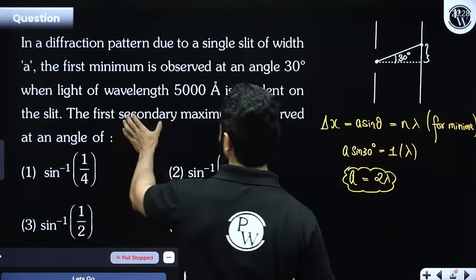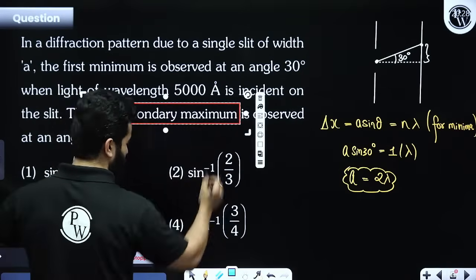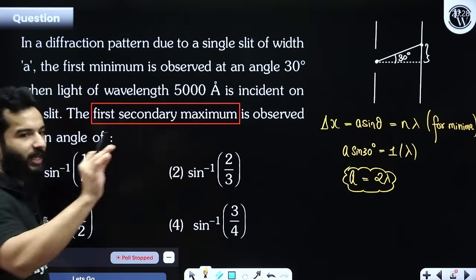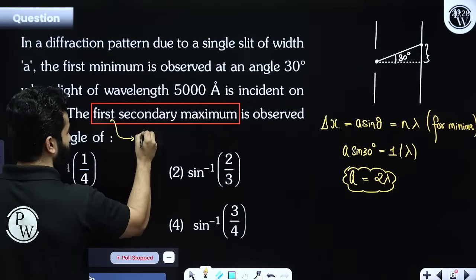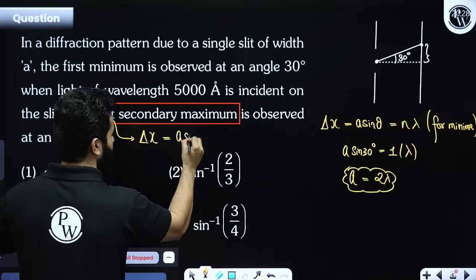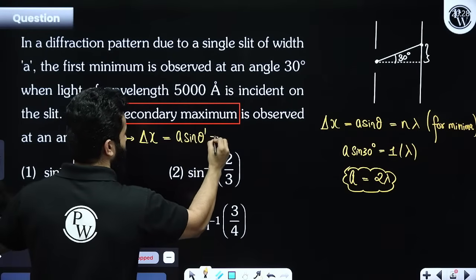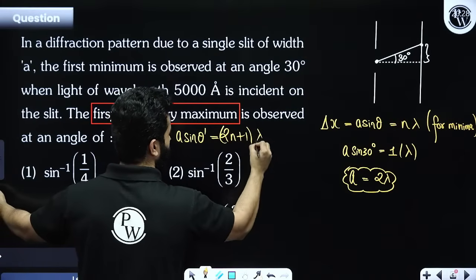Now they are saying first secondary maxima. Why do they talk about secondary? Because of course central maxima is going to be the primary. First secondary maxima basically means that delta x, that is a sine theta dash, will be equal to (2n plus 1) lambda by 2.